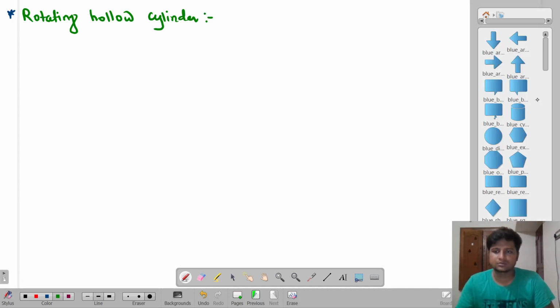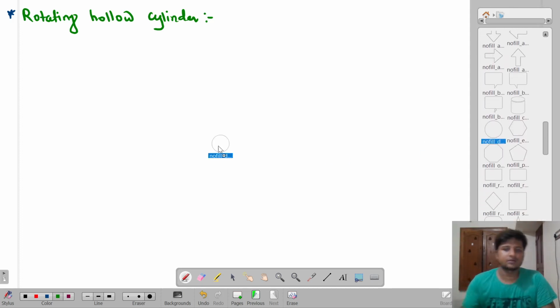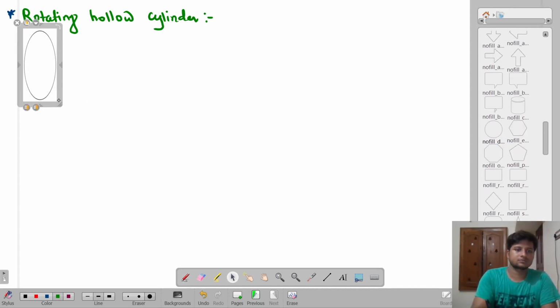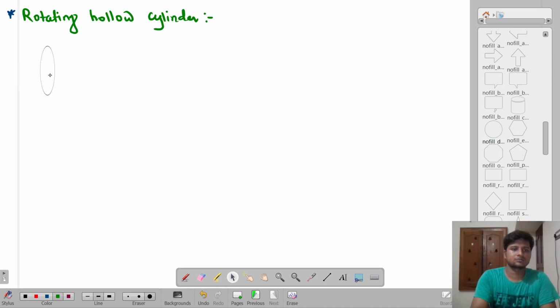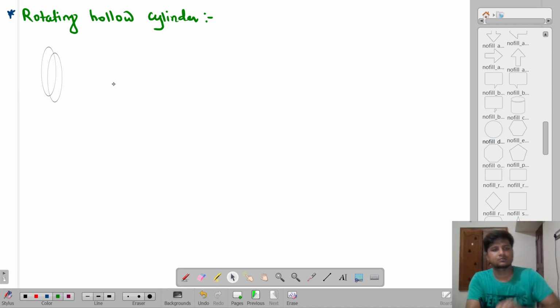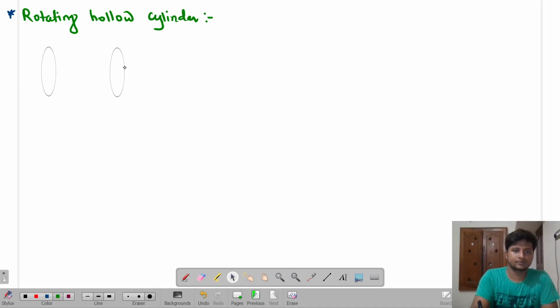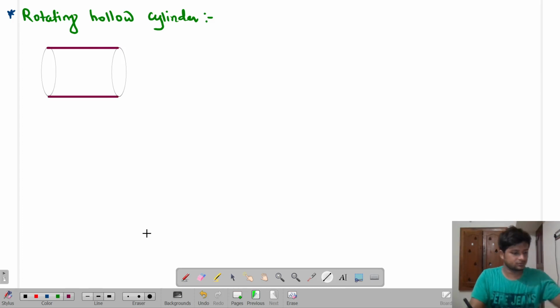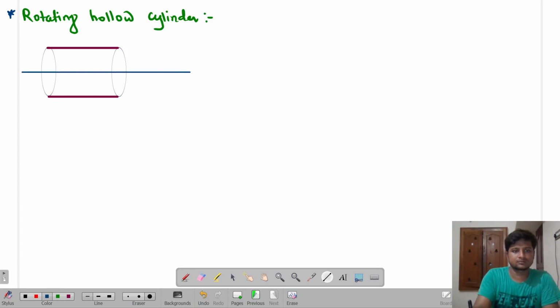So let's suppose if I have a hollow cylinder, got it, and I'm rotating it along its axis, got it or not? It's rotating with angular velocity of omega.